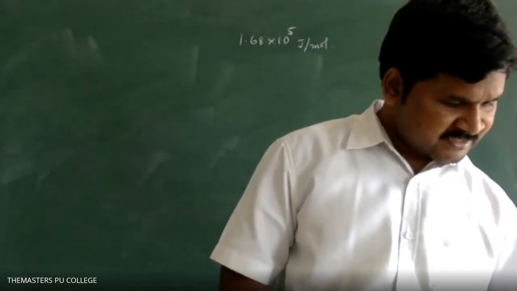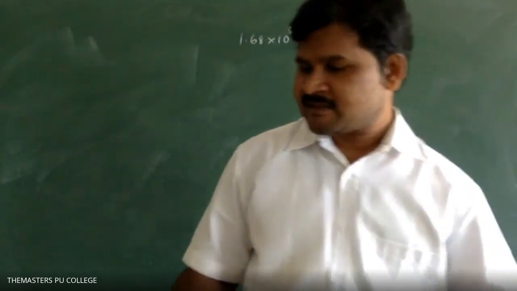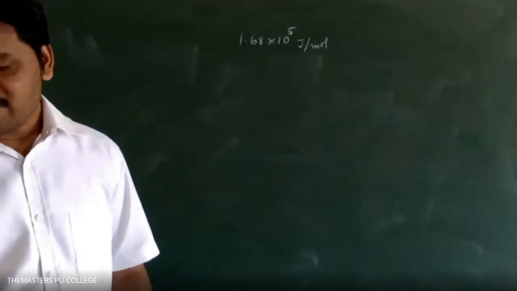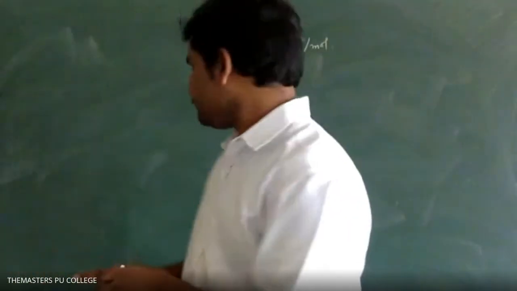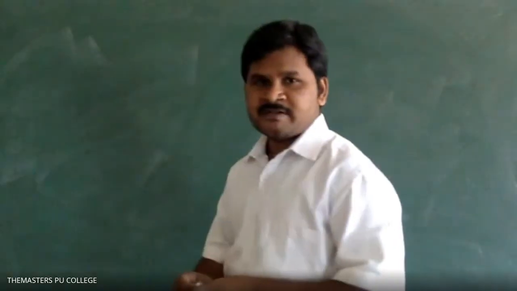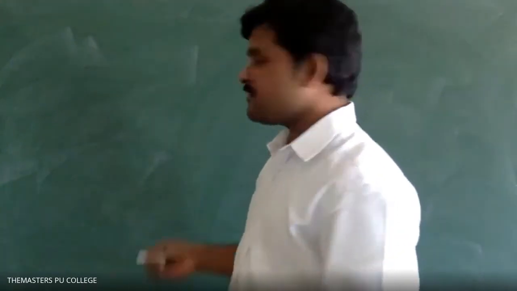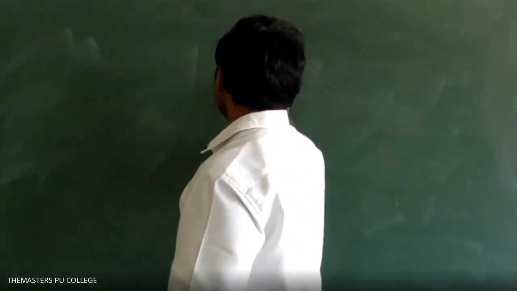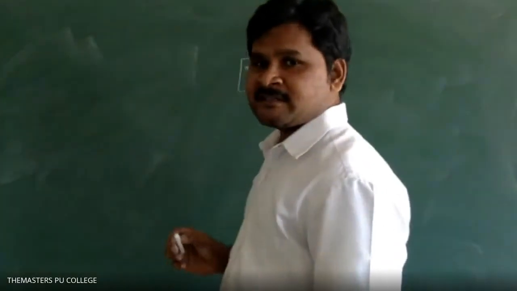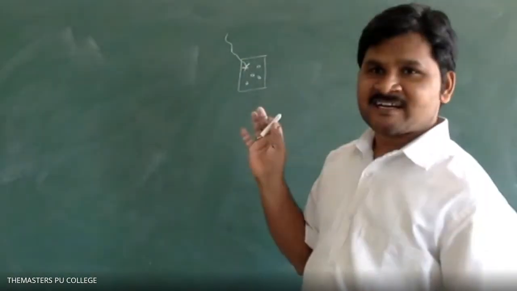Okay. Next. Now, what is given in the question? Electromagnetic radiation of wavelength. One minute, I will show the schematic representation according to the given problem. This is the metal surface. These are the electrons present in the metal. Whenever light falls on the metal surface, ejection of electrons takes place.